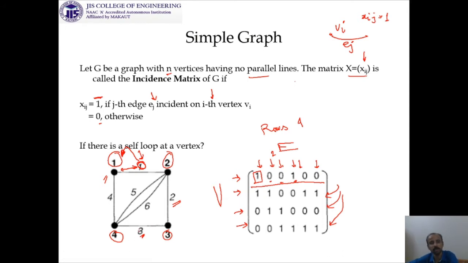Now the question is, if there is a self loop at a vertex, suppose in this vertex there is a self loop, then how to write it? Because there will be another edge, suppose it is 7, so you have to represent this as 7. So what will the entries be? Look at this, this is on 3, so all other entries for 1, 2 and 4 will be 0. What will this be?